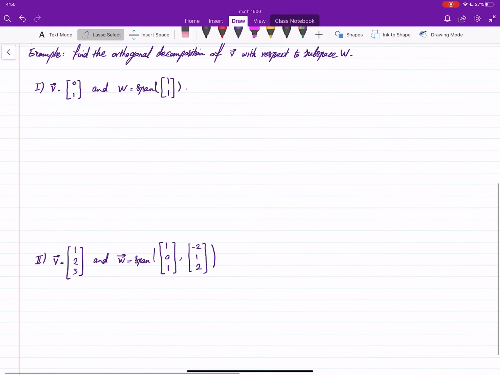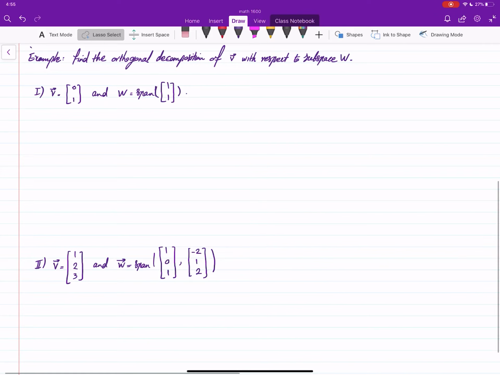Okay, let's see some examples now. Here we have v as given, W is one-dimensional, spanned by (1, 1), and everything is in R2.